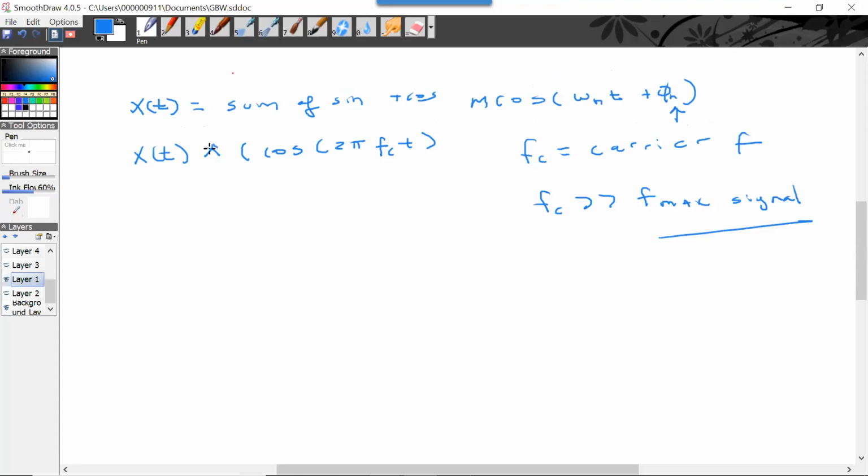To actually see what's going on, we need to take the Fourier transform, but multiplication in the time domain is convolution in the frequency domain.